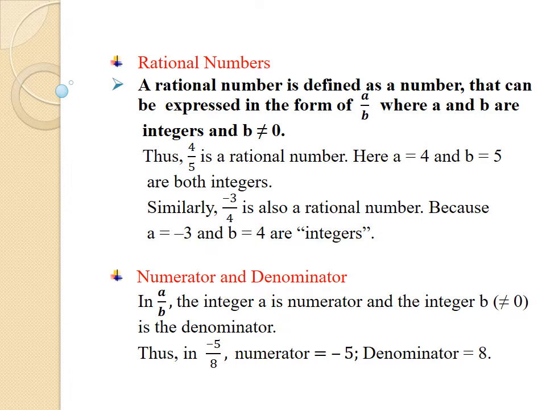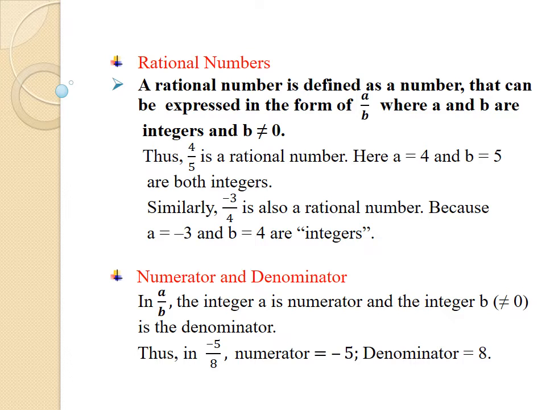For example, 0 equals 0 upon 1 equals 0 upon 2 equals 0 upon 3 equals 0 upon 4 equals 0 upon 5, etc. 1 equals 1 upon 1, 2 equals 2 upon 1, etc.